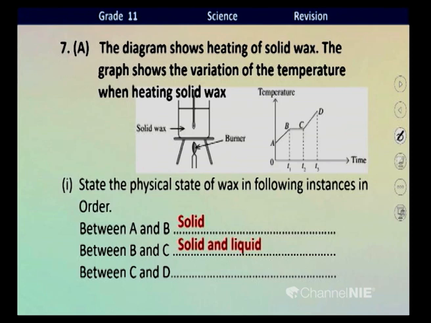Then after melting all, here at C, melting is completed. Then all solid wax has melted, and after that, in the time period between C and D, children, the physical state of wax must be liquid only. Right.